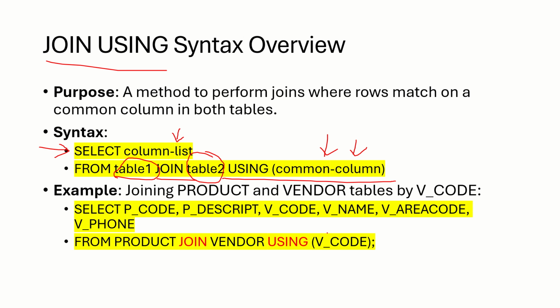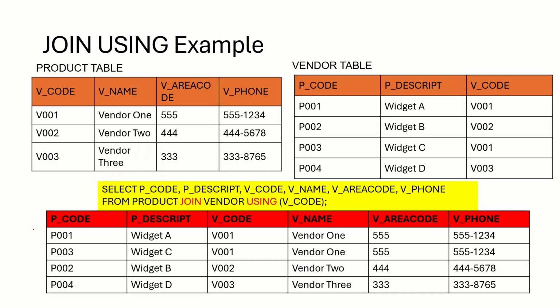If they do have the same name like V code, you can just use JOIN USING. This is the result. They will have the same result but different syntax. Between the tables you have a JOIN, so it's much easier to read: product table join the vendor table using the V code.